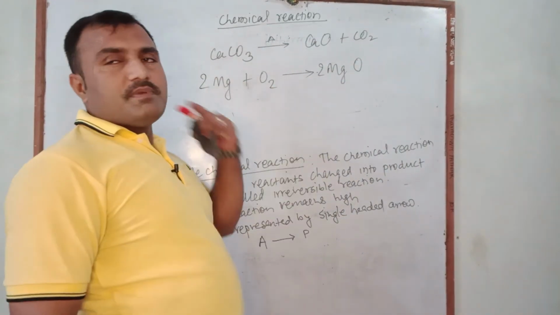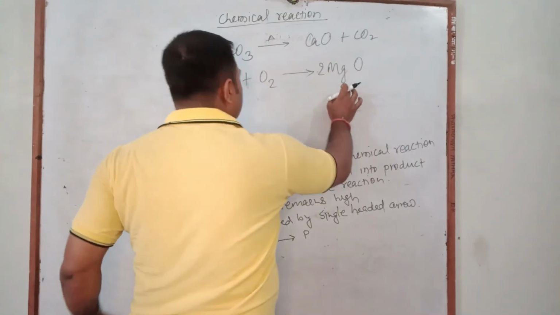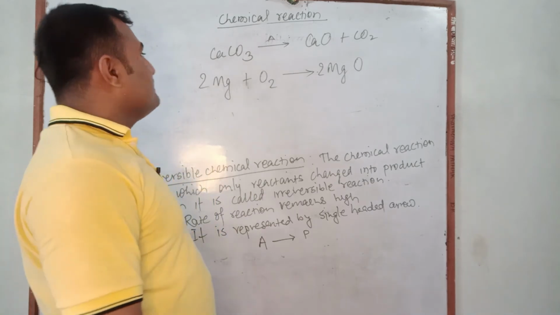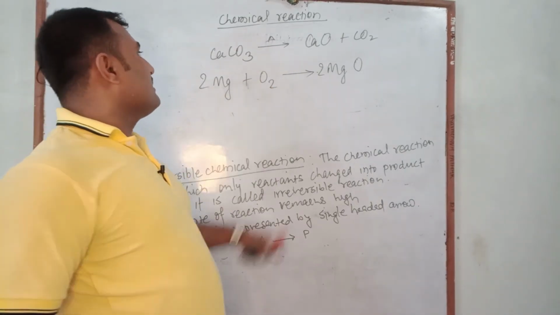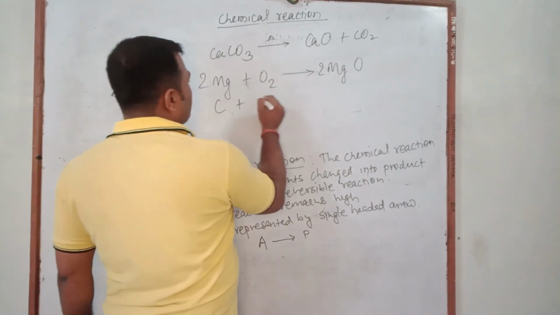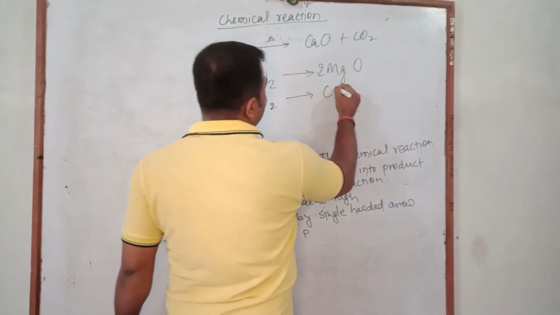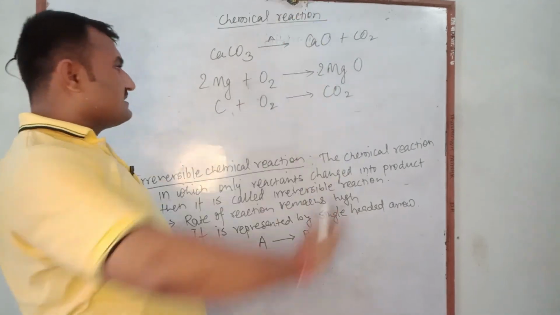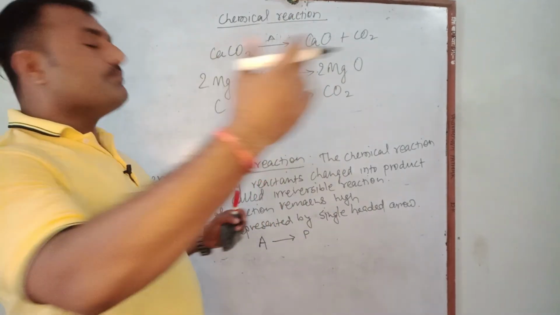Magnesium oxide can't be reversed into magnesium and oxygen. When carbon burns in air, it gives carbon dioxide. Such reactions are unidirectional and get completed.